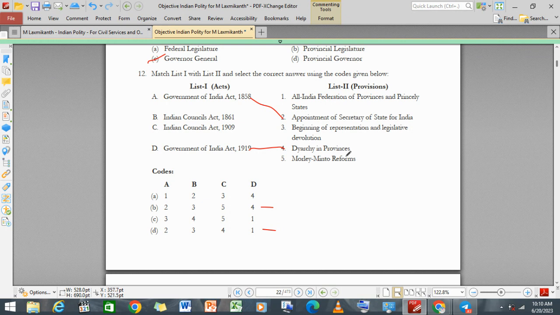And in D, 1, here it is telling that in 1919 the All India Federation of Provincial and Princely States came. It came in 1935, so it is not correct. Since 1935 is not given here, this option is eliminated.